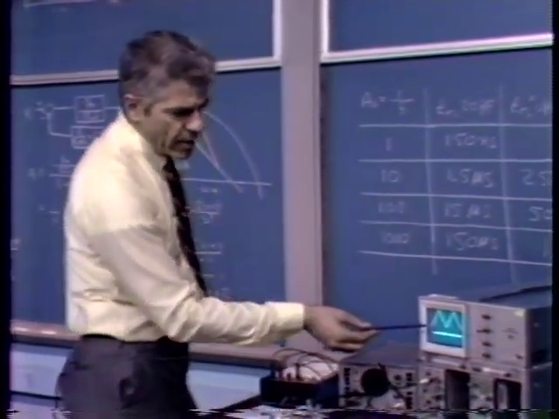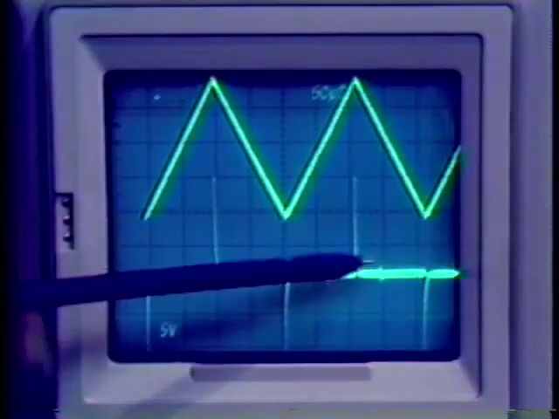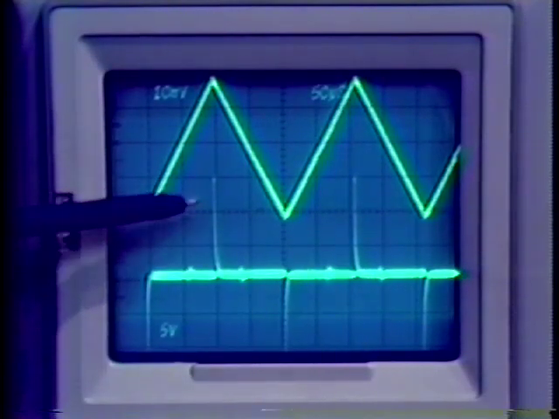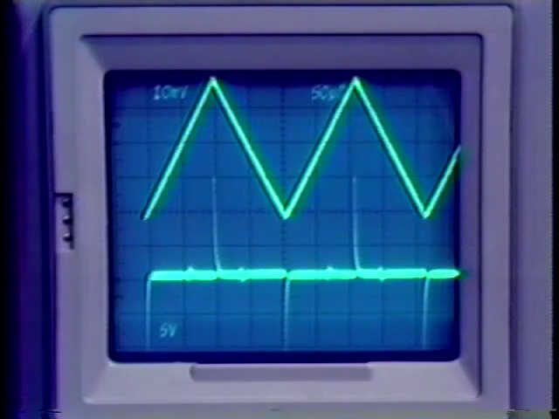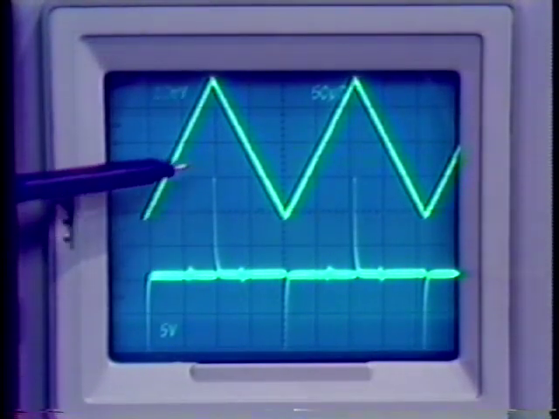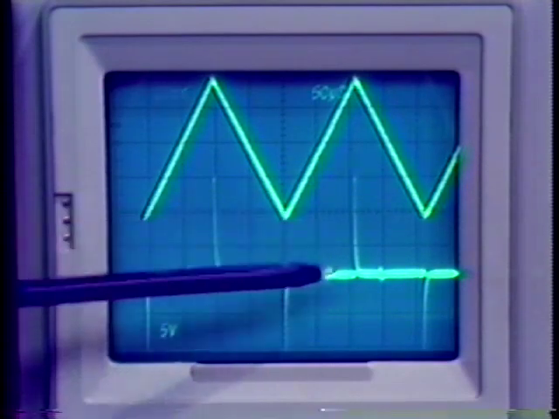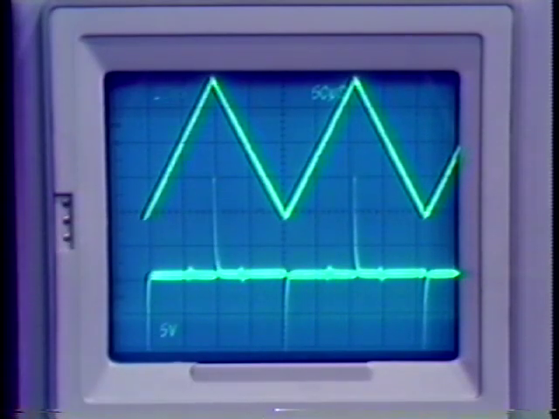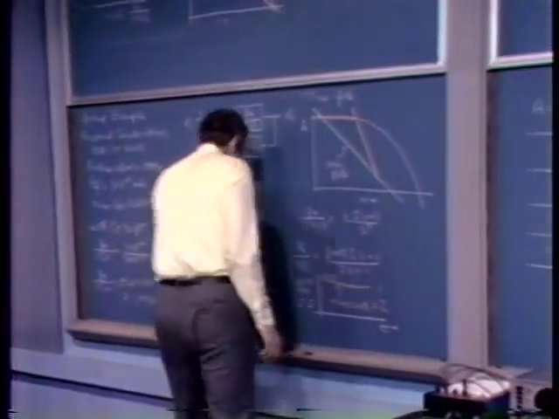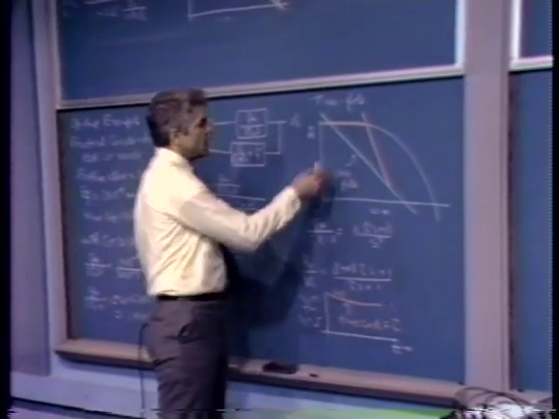And the important point is that most of the time, the error is much, much lower for 1 over S squared compensation than it is for 1 over S compensation. That simply reflects the fact that the open loop transfer function with 1 over S squared compensation is much, much larger at many, many frequencies. Recall that the comparison between the two was as shown here.